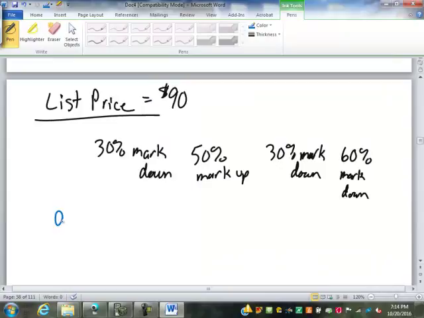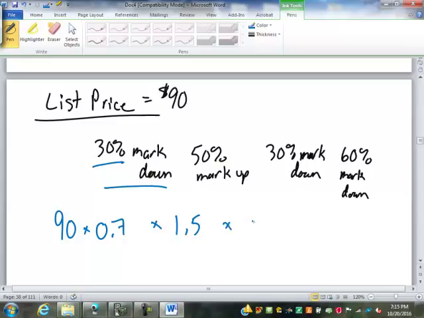So we start with the 90. What's the first thing we do to it? 0.7. This is a 30% markdown. So 100 minus 30 is 70. So times 0.7. And then 1.5. This is a 50% markup. So it's 100 plus 50%, or 150. So 1.5.